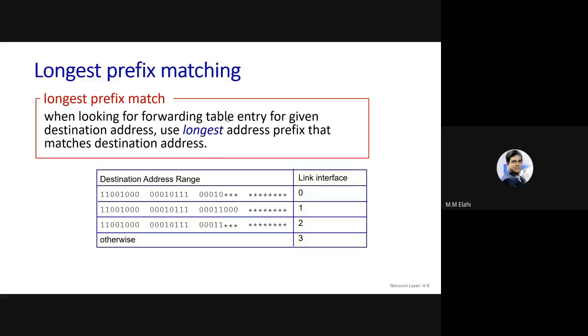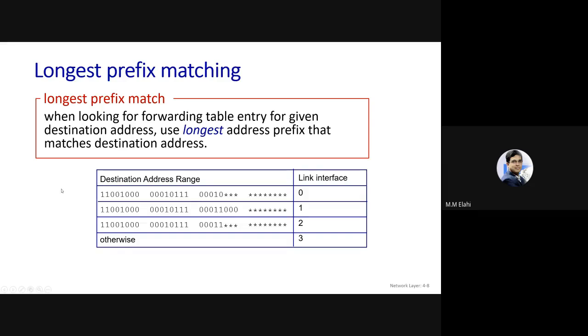Now, what is meant by this don't care star? A star means 0 or 1, anything can be here, right? You used this don't care previously. Why is this very important? Because of how the router matches an entry.